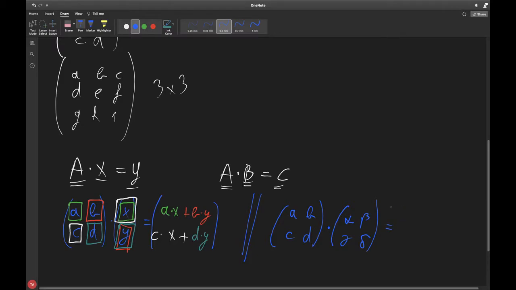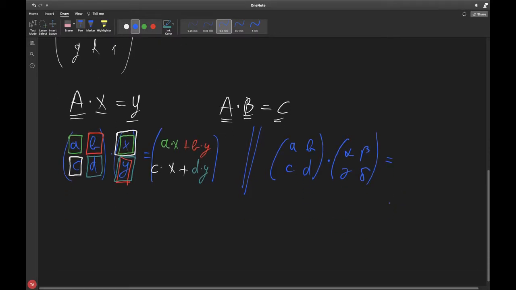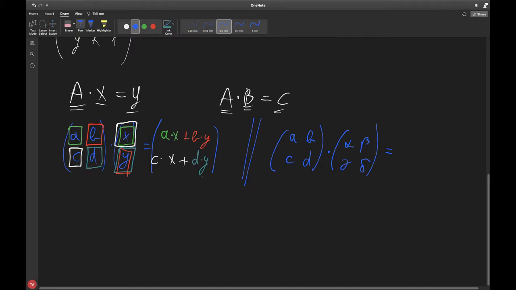As I mentioned, the outcome of a matrix by matrix multiplication is going to be a matrix. Just give me a lot of space here. And we do the same logic to calculate the first element in our first equation. I should say that a 2 by 2 matrix multiplied with a 2 by 2 matrix will lead to a 2 by 2 matrix as well.